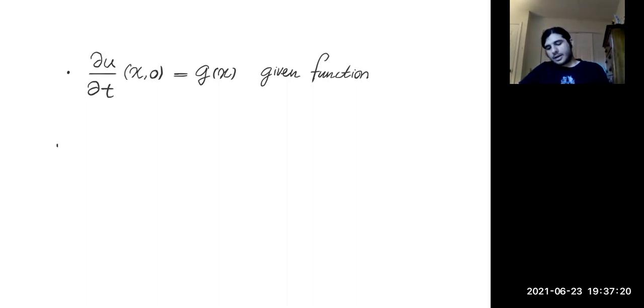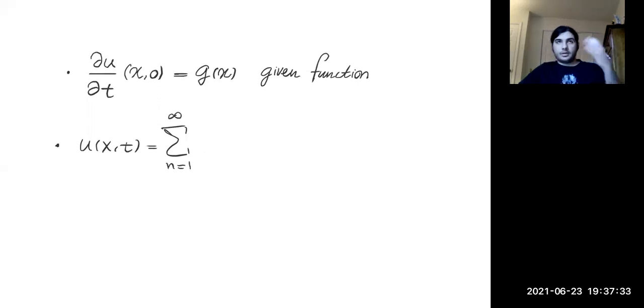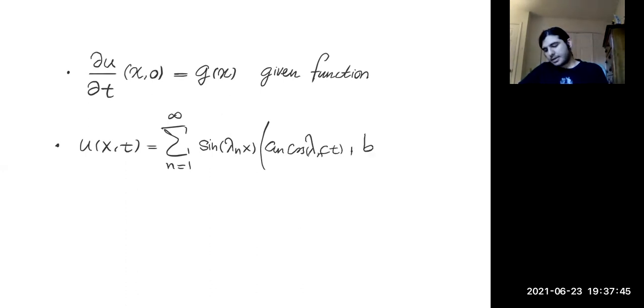On the other hand, u(x,t) we have an expression for: it is the infinite sum, n goes from 1 to infinity, of sine of lambda n x times an cosine of lambda n ct plus bn sine of lambda n ct.